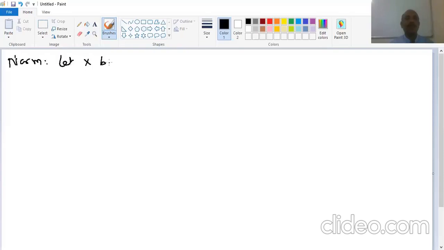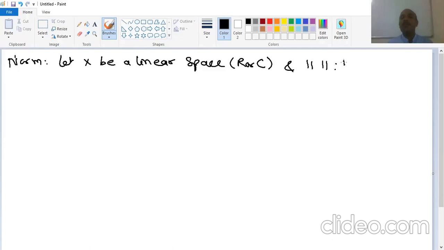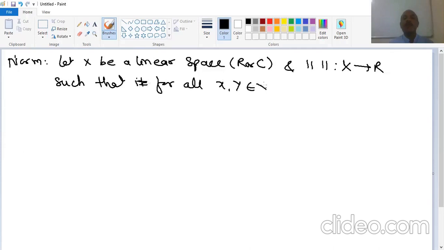Let X be a linear space that is real or complex, say R or C, and this is a function from X to R such that for all x, y belongs to X and alpha belongs to R or C, it satisfies the following conditions.